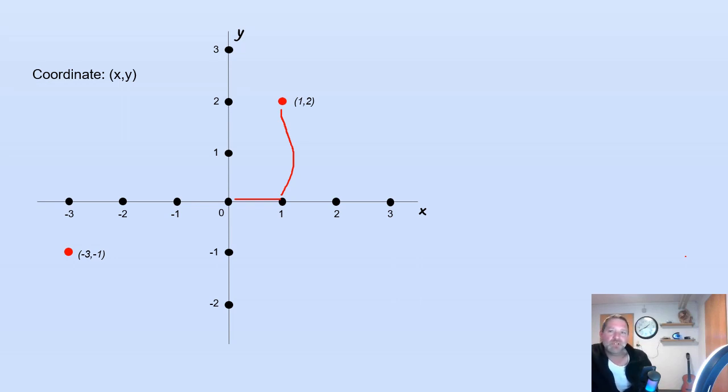Then I would like to explain that the entire plane on which we have now imposed this coordinate system is subdivided in 4 sections. So we have this first section that is in the positive x and in the positive y direction. It's called the first quadrant.